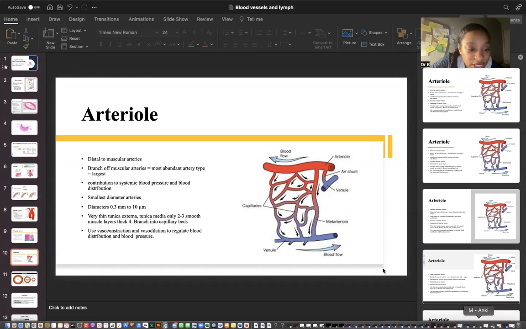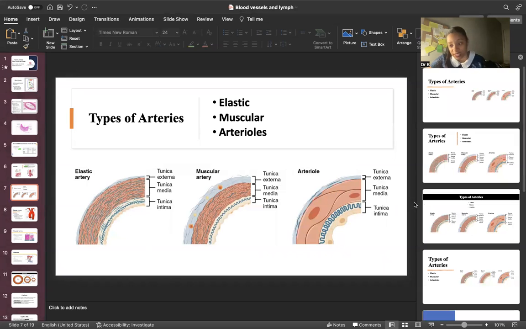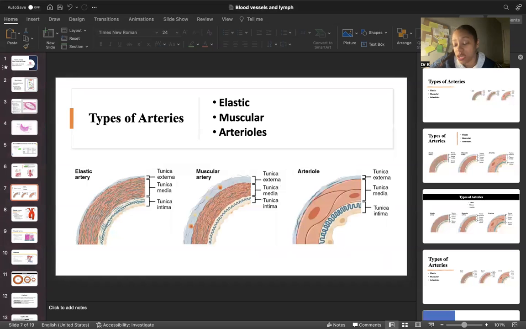If you look here, their tunica externa is thinner, and their media is only about 2 layers thick, right? So it's important to be able to see the differences between these types of arteries, because those are usually testing points that they like to ask you. Does that make sense?